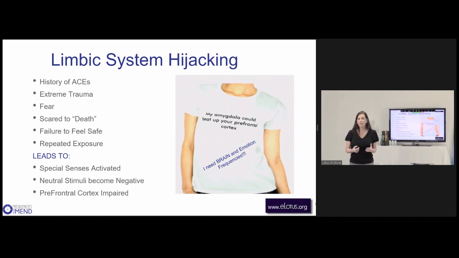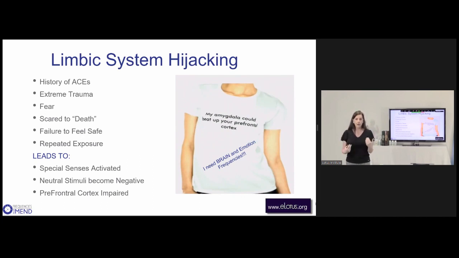It happens, you don't get a vote, and your prefrontal cortex can't come online. People don't know what to do until they know this is what happens. And once they know this is what happens, they can say, oh, I'm triggered. I just need to sit still and not do anything and wait for my prefrontal cortex to come back.